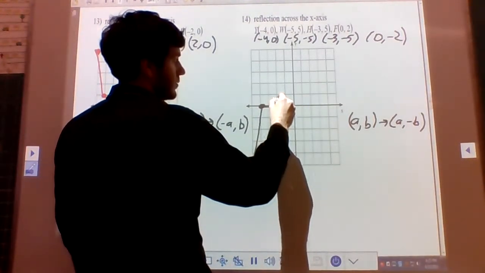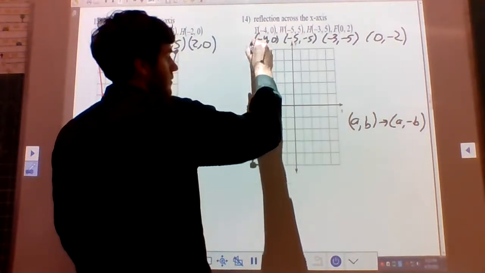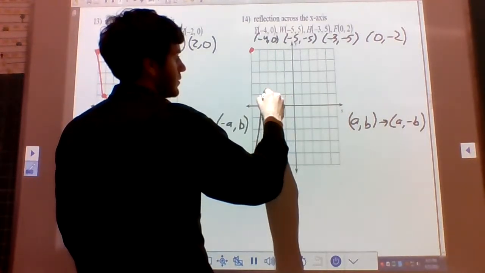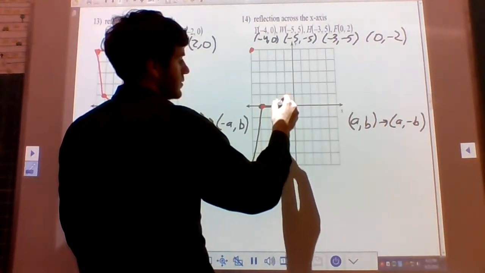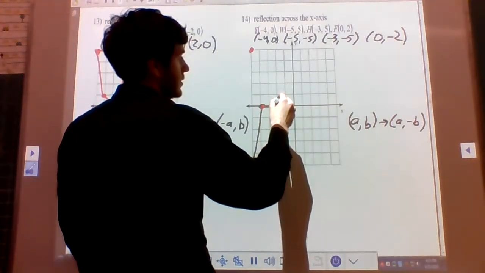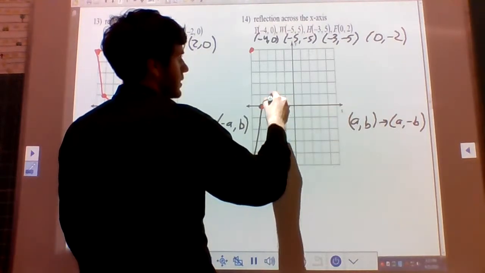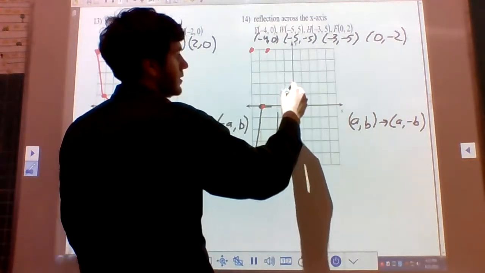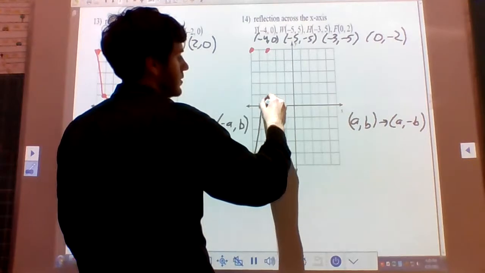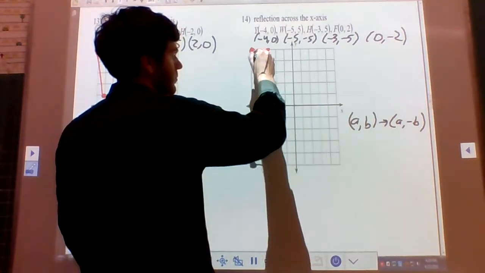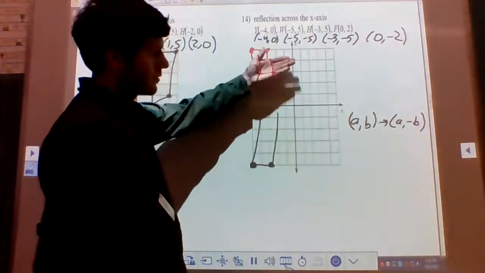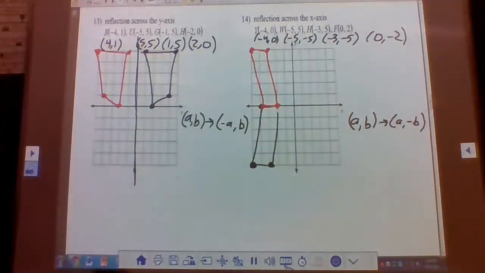We have (-5, 5). We have (-3, 5), and (0, 2). So again, flipped over the x-axis, right? You can see it's obviously flipped over the x-axis.